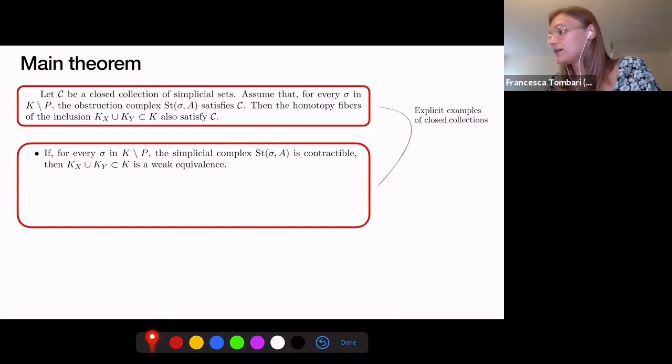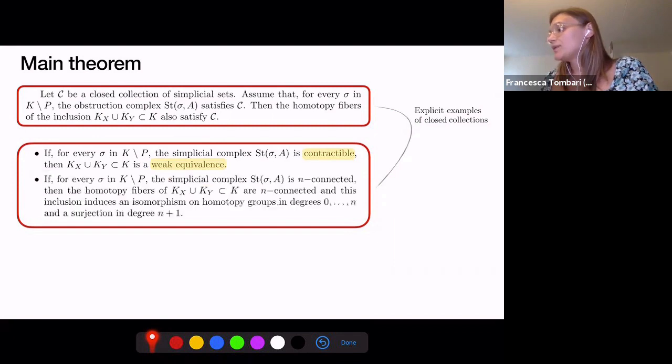Consider contractibility as the property, so that every sigma in this K minus P has a contractible obstruction complex. Then the inclusion map of the data-driven decomposition of K into K is a weak equivalence, or a homotopy equivalence. I'm using these words interchangeably.